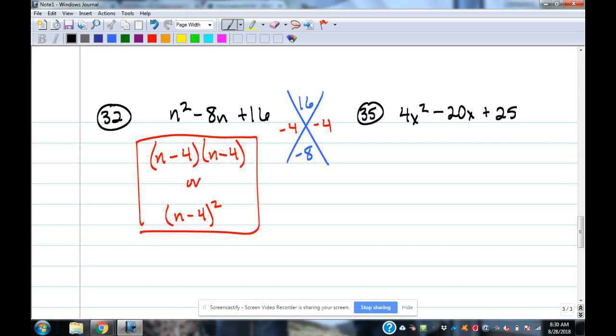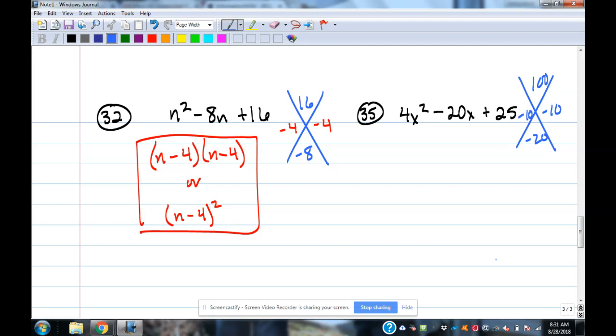And then what method are we using? X method, okay? It's 100 up top and negative 20 on the bottom. What does that? Negative 10, negative 10. Can I go straight to my factors?